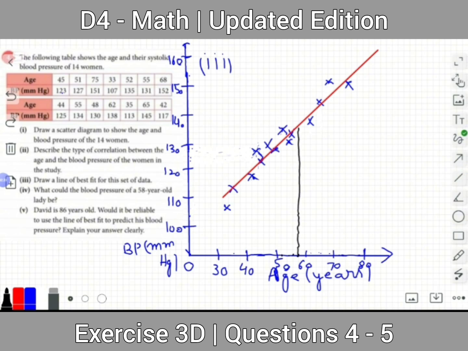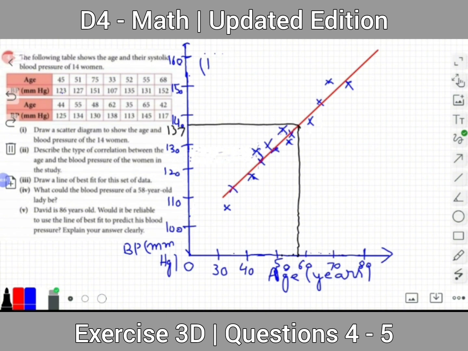Now from the point of intersection on the line of best fit, we will draw a horizontal line until it touches the vertical axis. So here we have the value approximately 137.